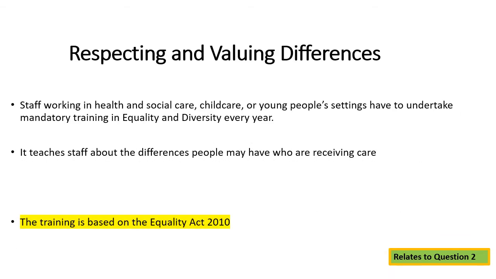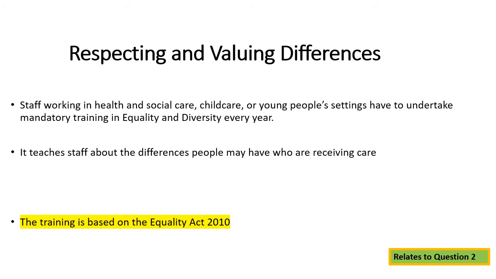And the final slide relating to question number 2 talks about respecting and valuing differences. When you're working in health and social care, childcare, young people settings, you will have to undertake mandatory training in equality and diversity every year. Mandatory training means you have to do it. You have to keep yourself up to date with all training.